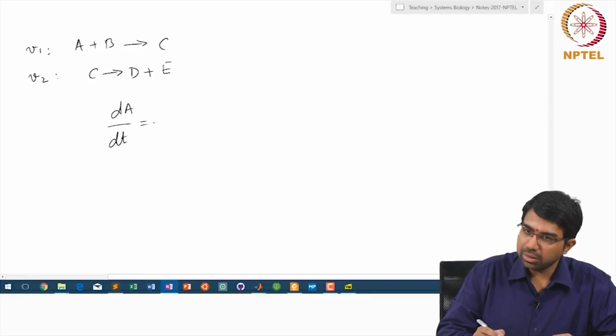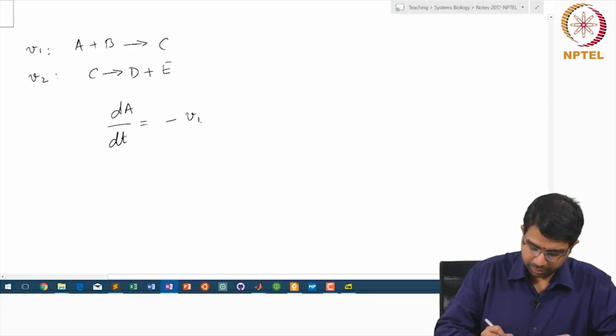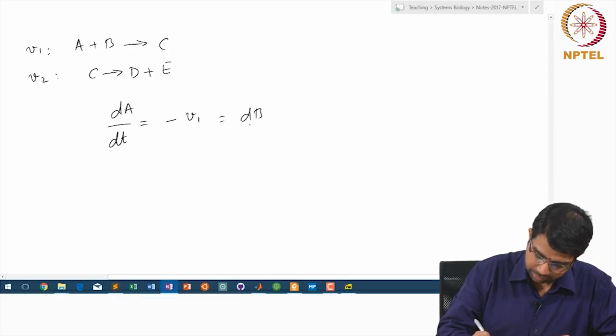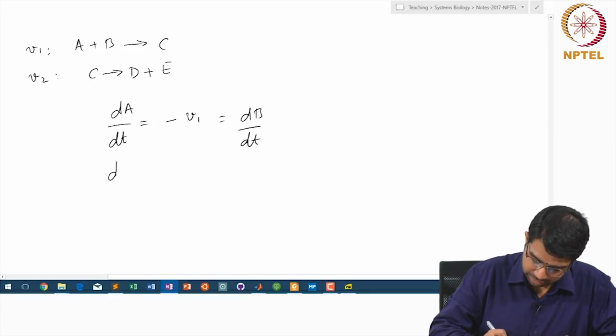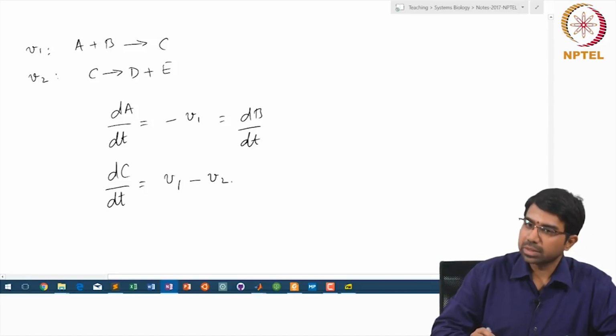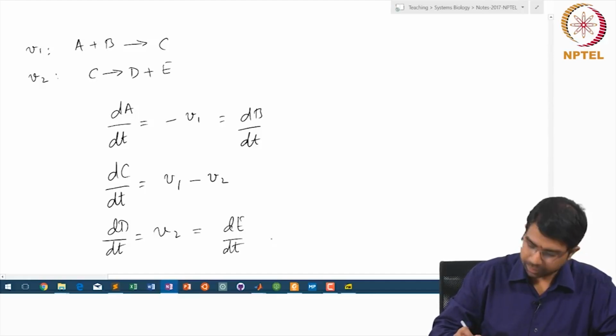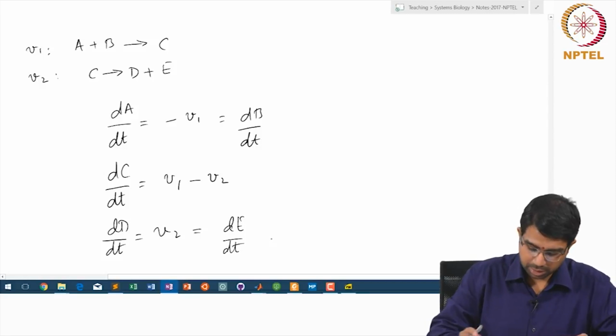It will be just minus V1. dB by dt equals V1 minus V2, dC by dt is V2. Is that fine? Very simple, right.